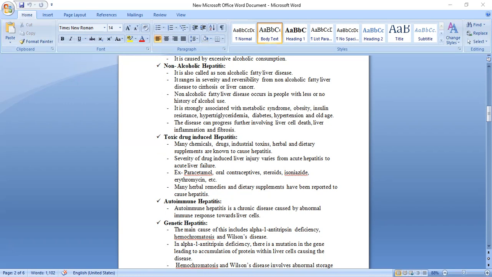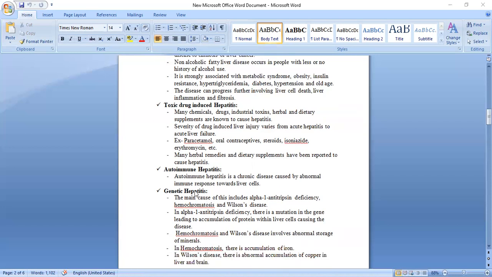Excretion will be fast, so we can't get that effect. So again and again the individual will take the medicines to get the response. This is about the autoimmune system. Before also we explained autoimmune. So this is autoimmune hepatitis.